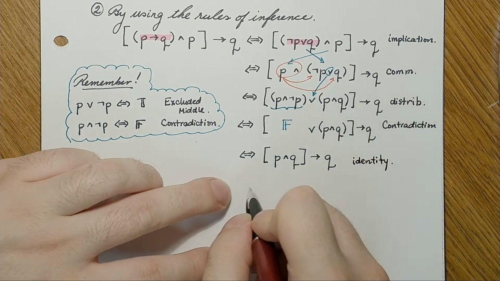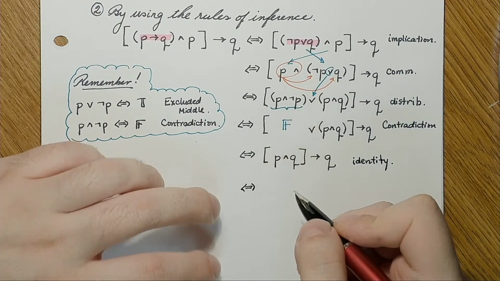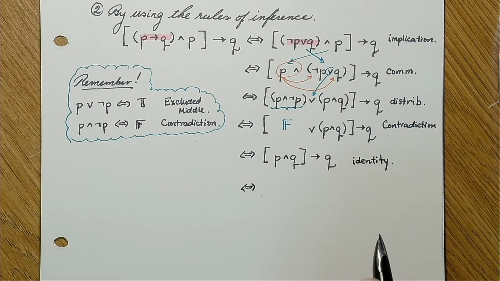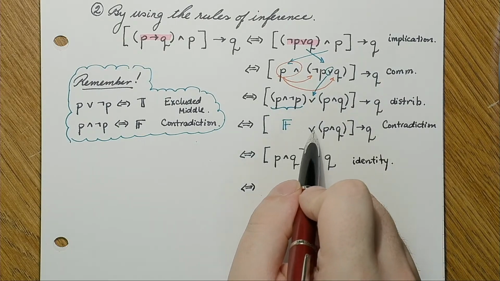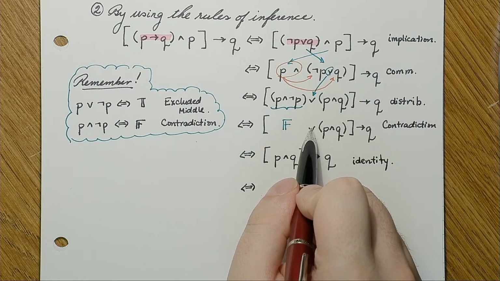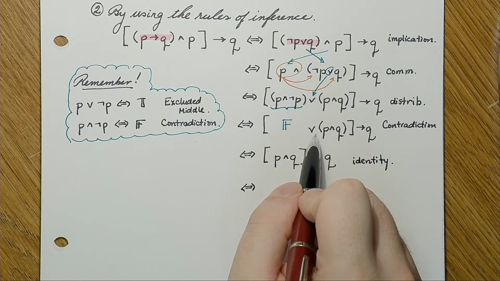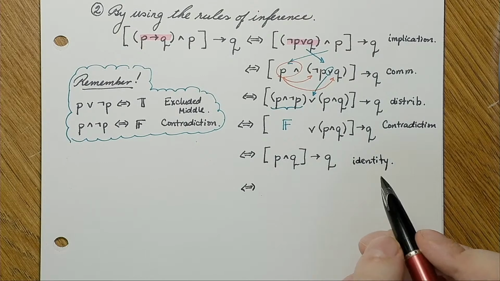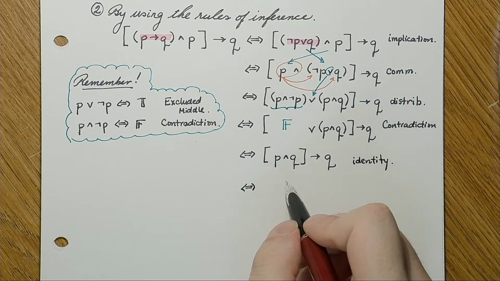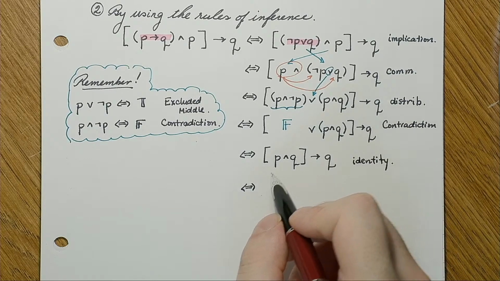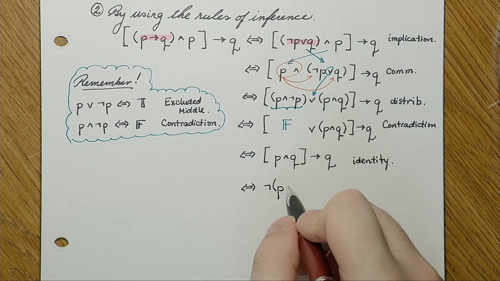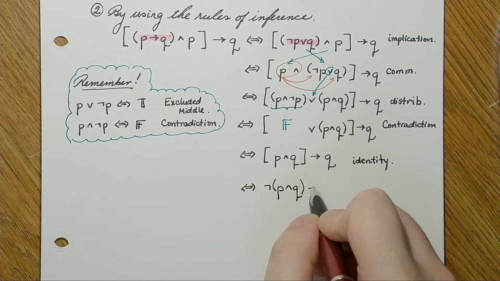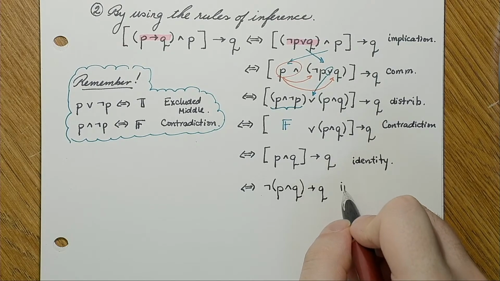Then the next one, could we use domination instead? No, if there was an and here, you would use domination, but in this case we have an or, so I'm going to use the identity. Then the next thing I'm going to do is apply the implication rule. So there's the implication rule again.